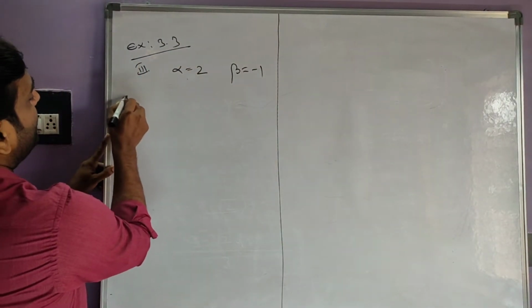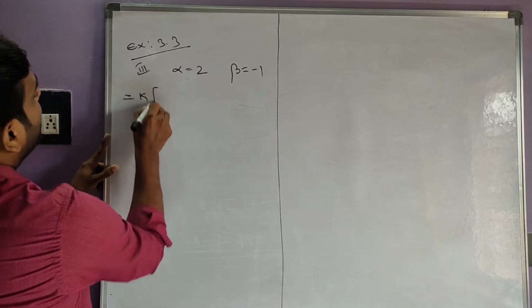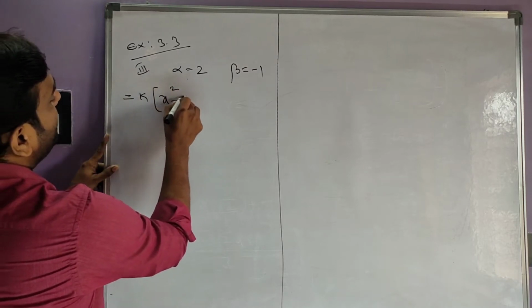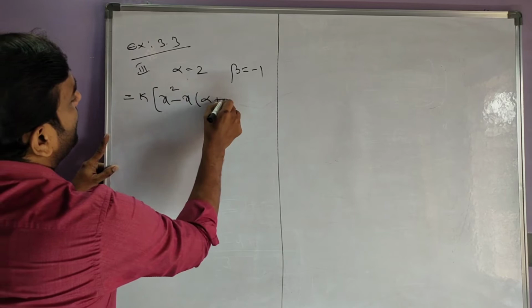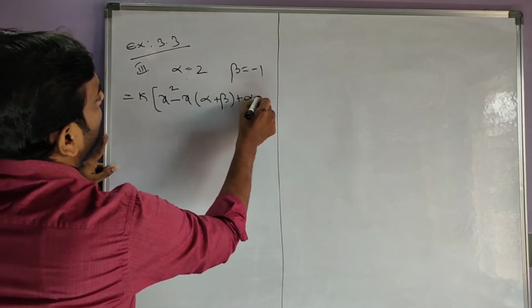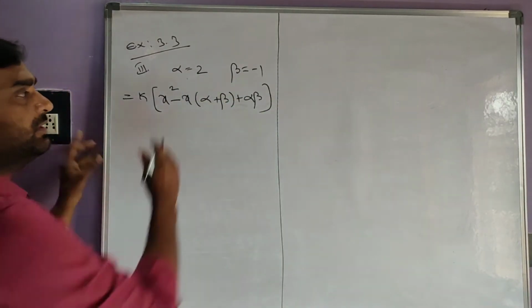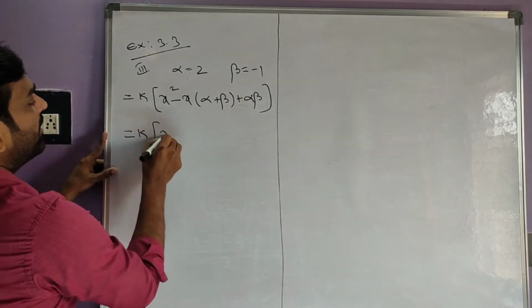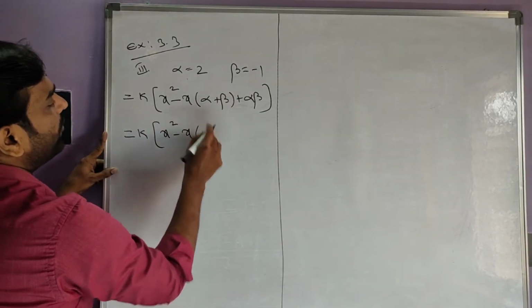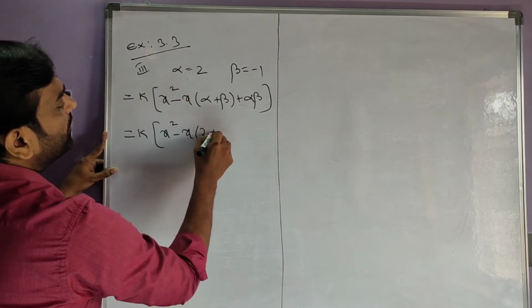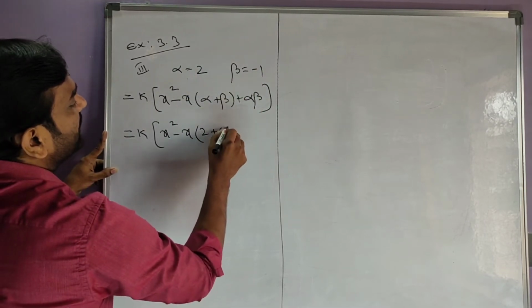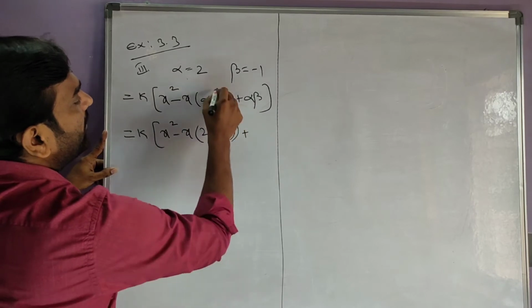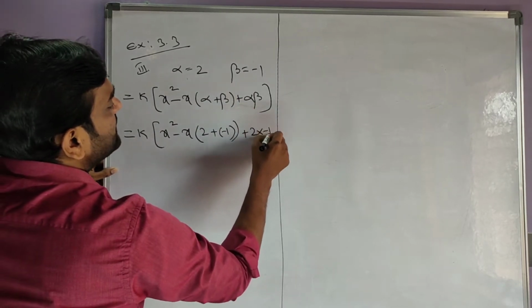Now write down the formula for the quadratic polynomial: k of x square minus x of alpha plus beta plus alpha into beta. Substitute in this. K of x square minus x of, what is alpha? 2, plus what is beta? Minus 1. Alpha is 2, beta is minus 1.